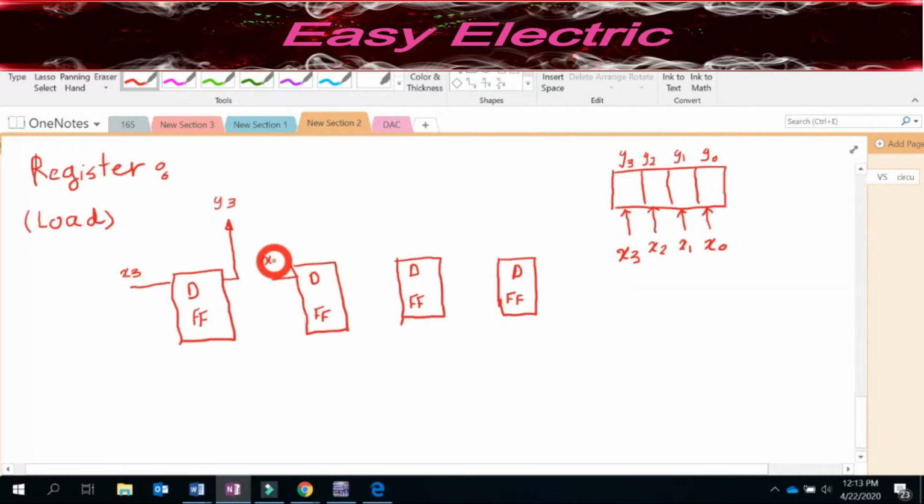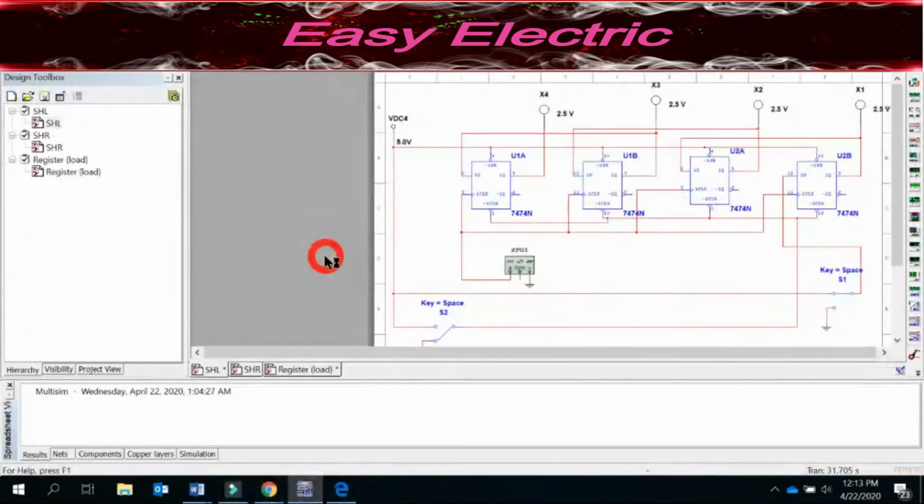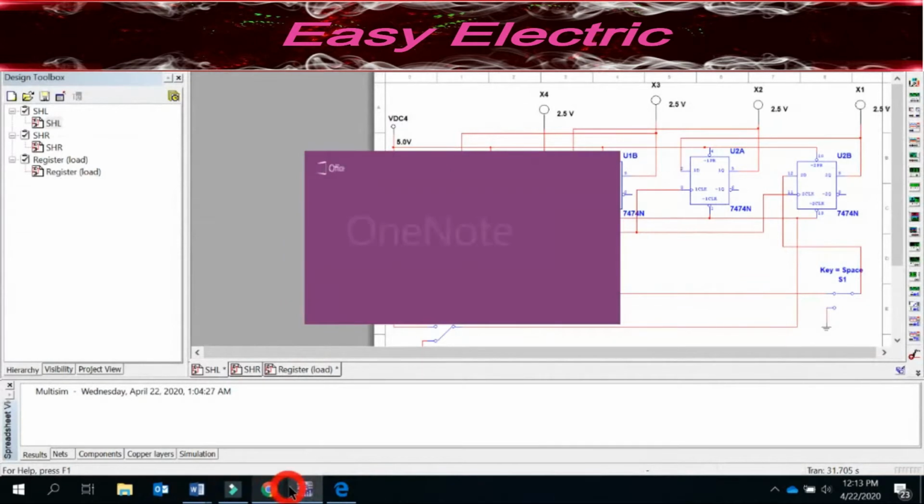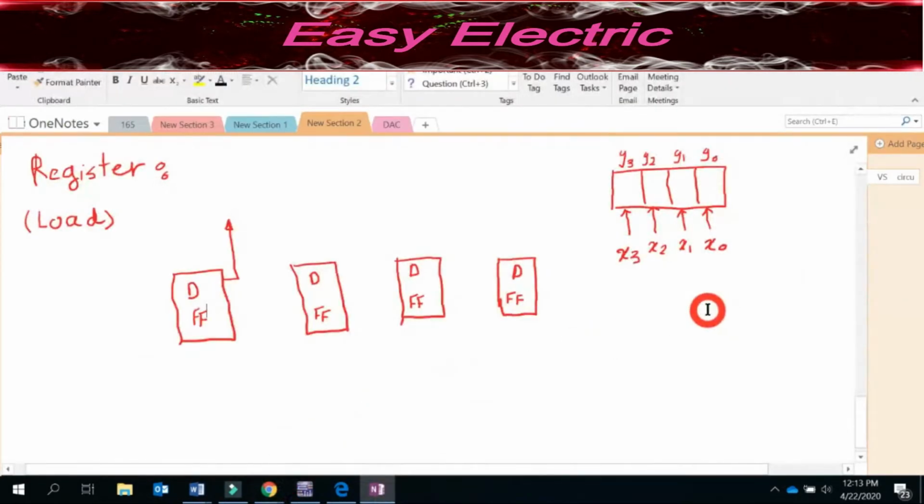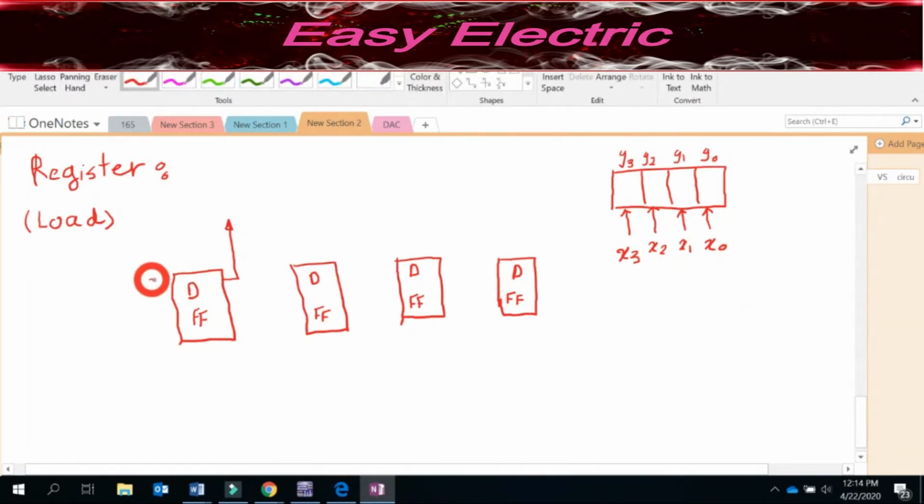You give X2 to the input of the next D, and consider its output as Y2. Put X1 here and consider this as Y1. Give X0 and the output is Y0.